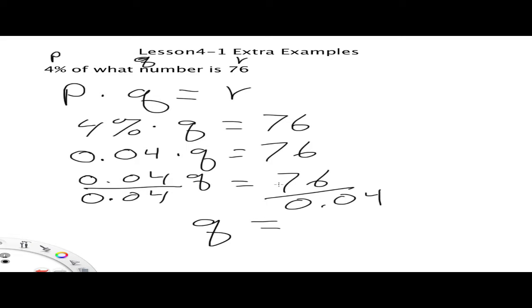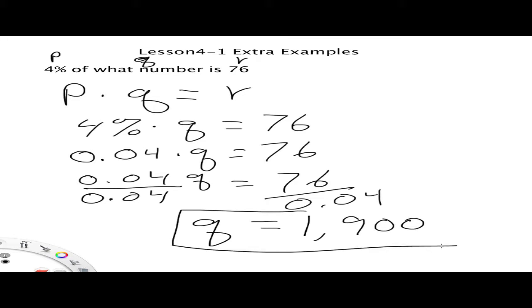And let's see what this comes out to be. 76 divided by 0.04 equals 1,900. So 76 is 4% of 1,900. This is our answer to the first question. Let's go ahead, we'll take a look at our next one.